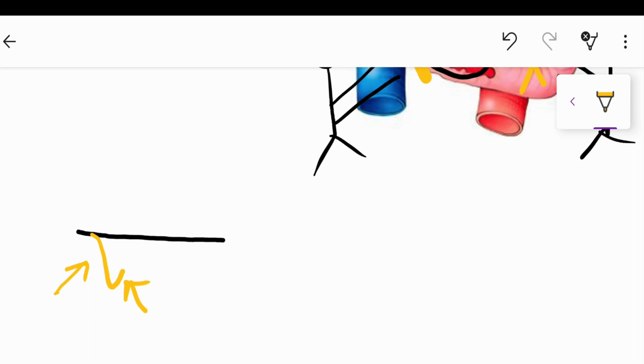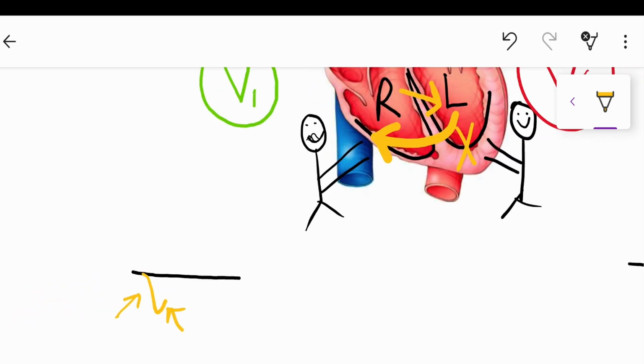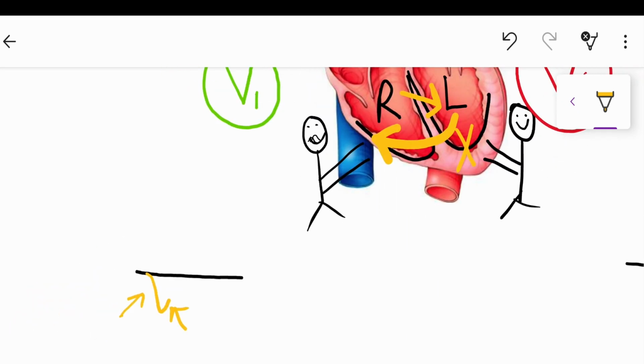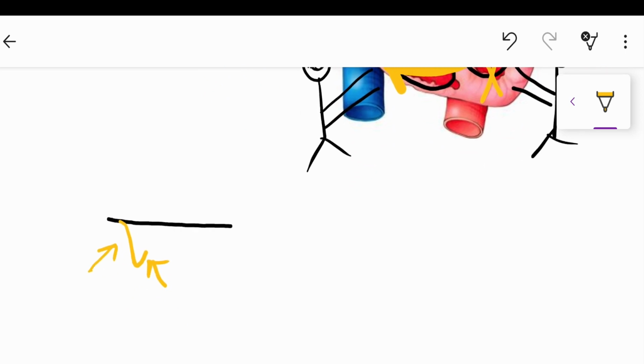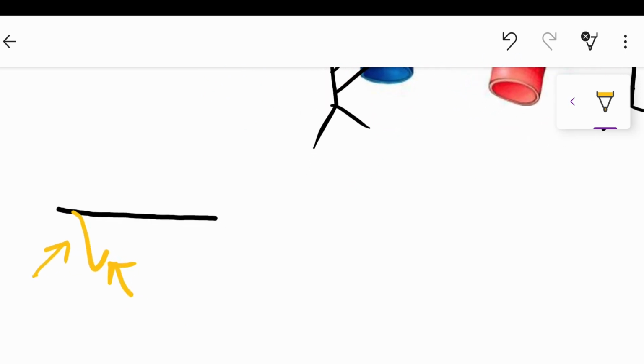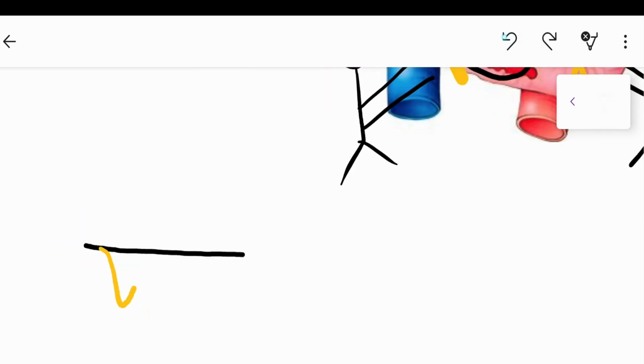This was your septal deflection. This is your movement of the wave towards the right. Okay, so that's your positive deflection there. Septal, opposite deflection; ventricular, positive deflection there.